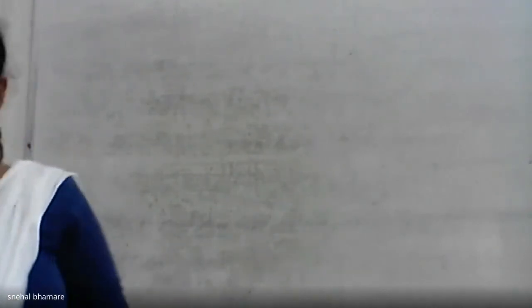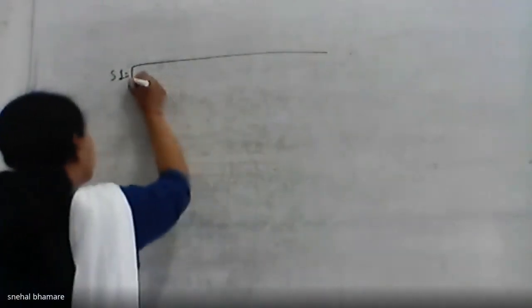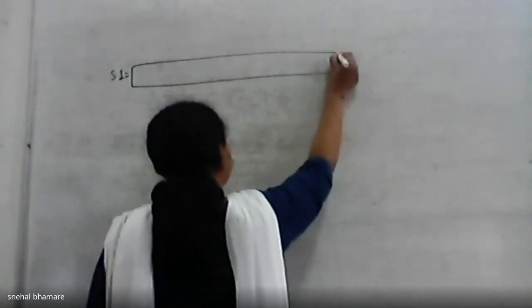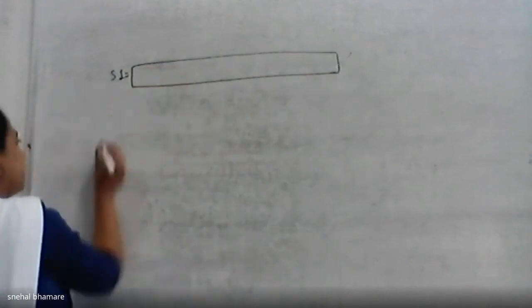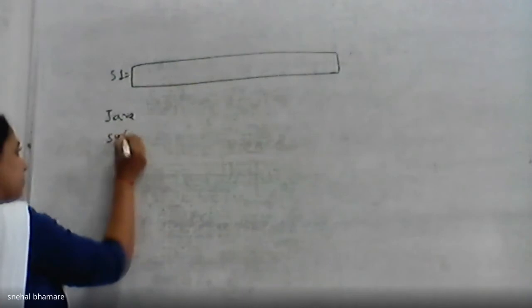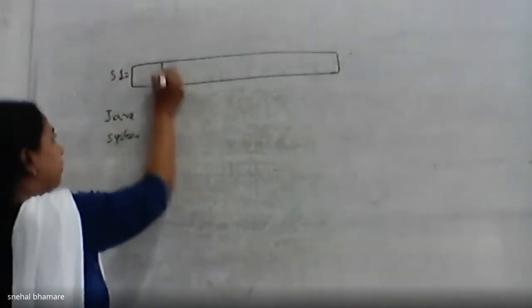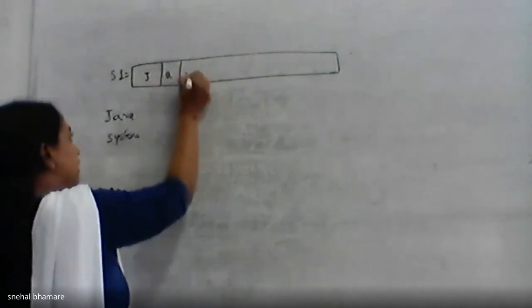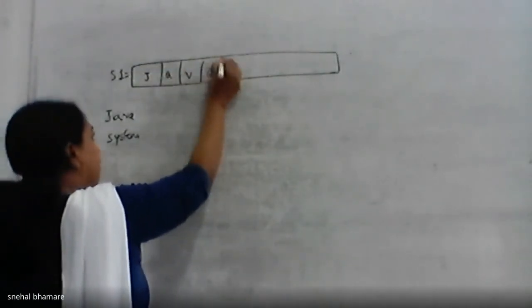So how are you going to do this? Suppose my first string is Java and the second string is 16. S1 will have the characters Java.